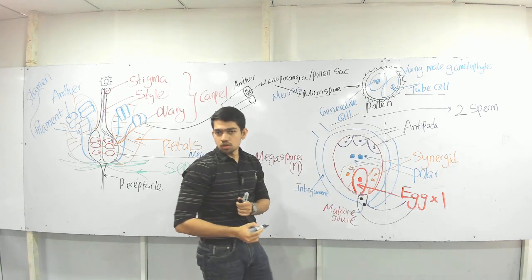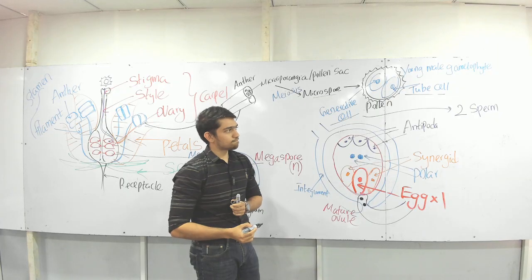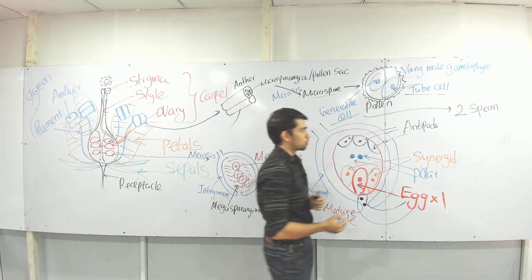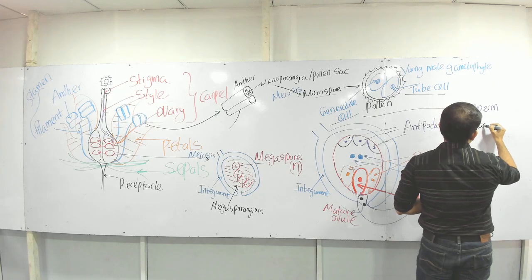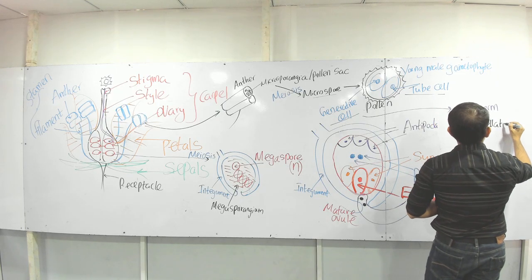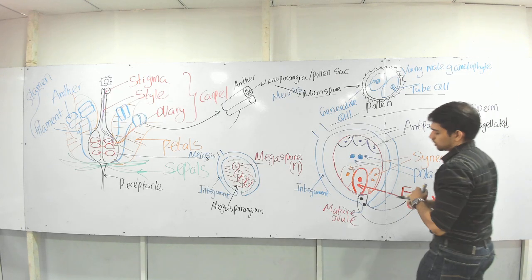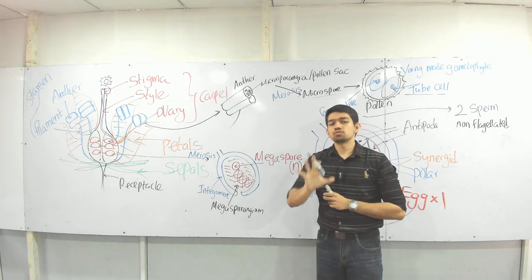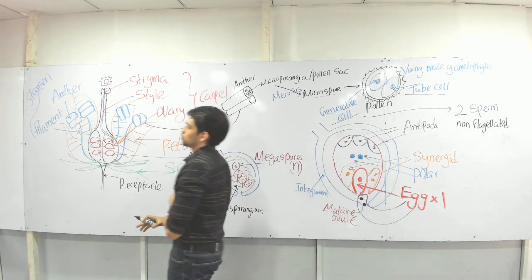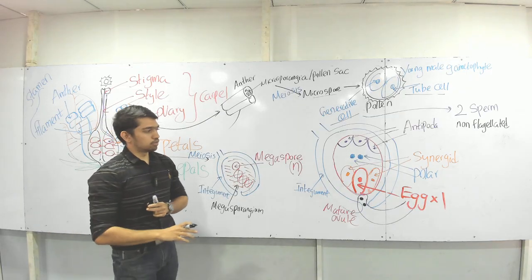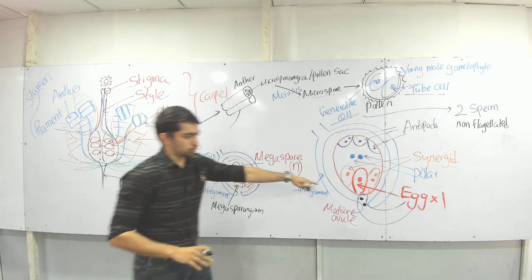Okay, what are these two sperms? Non-motile, right? Non-flagellated. Because why? No tricks now, right? Because the pollen tube is going to do its job properly and deliver the sperms directly to the egg.